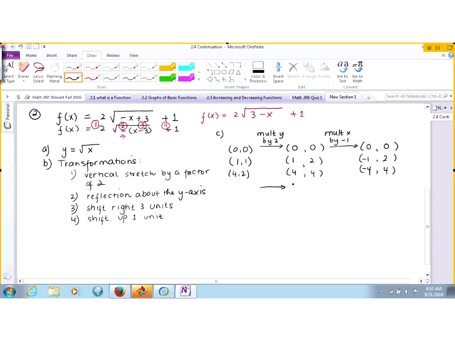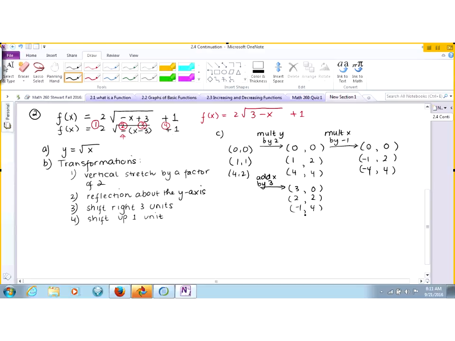The next one, shift right 3 units. So let's see. Shiyun, can you tell me what you do to x or y? So if we shift right, what do we actually do? Yes. So add x by 3. Perfect. So 0, 2, 4. So we add 3. 3, 2.